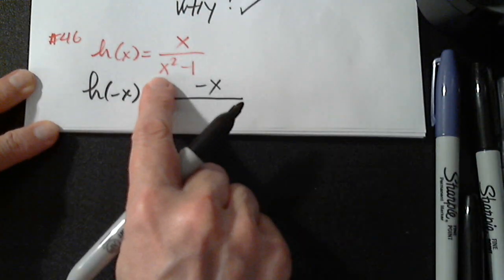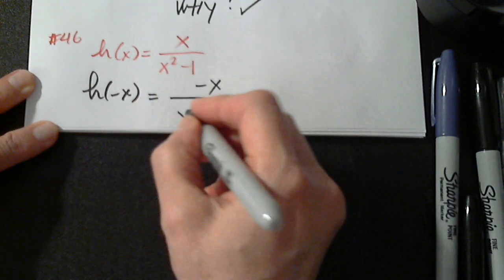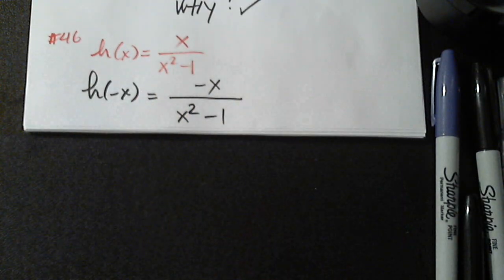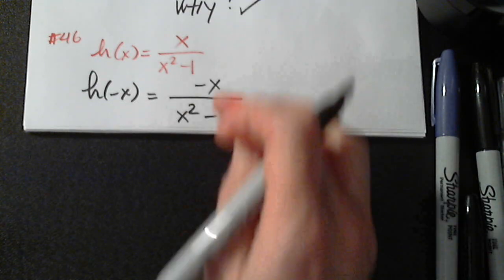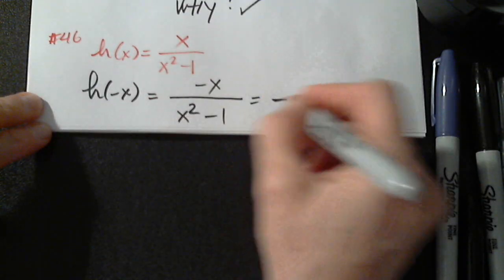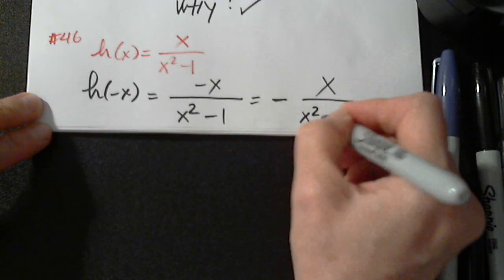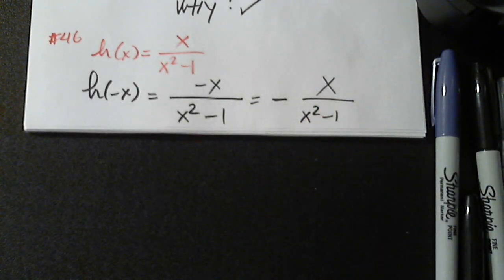X gets replaced by negative x, but when I square it, nothing changes, because negative x squared is still x squared. I will put a negative in front, and I get this. So I determined the function evaluated for negative x.